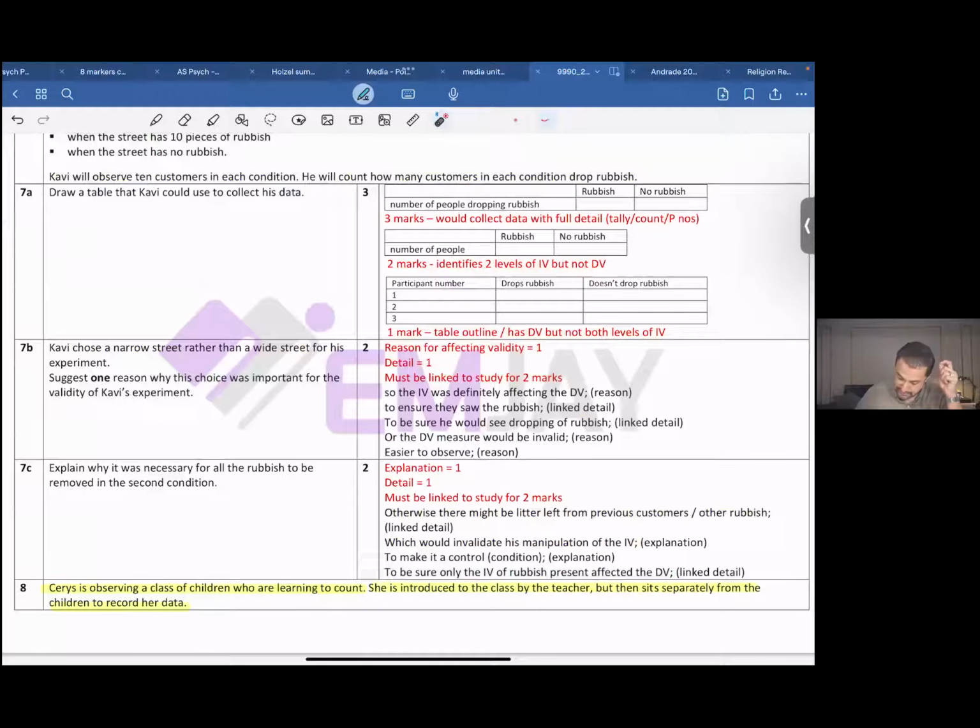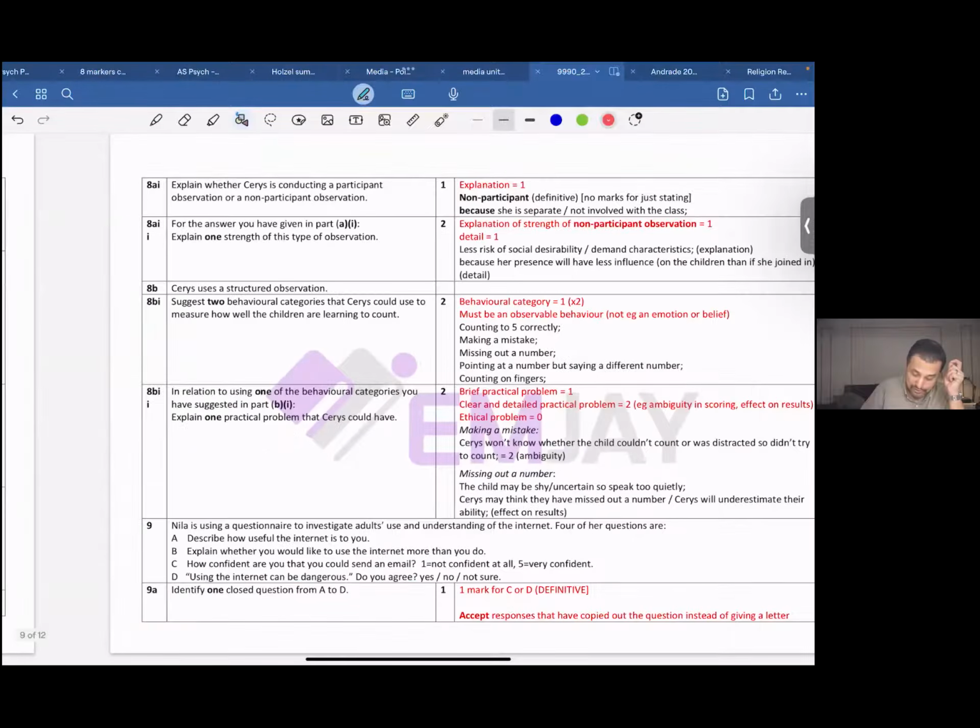So the research is being conducted through observation, and the research is on a class of children learning how to count.